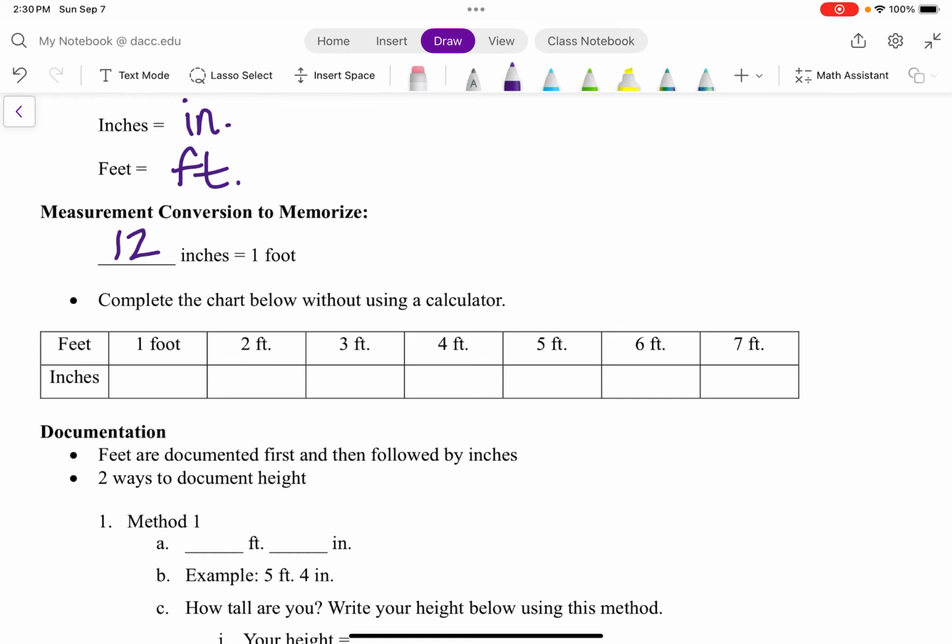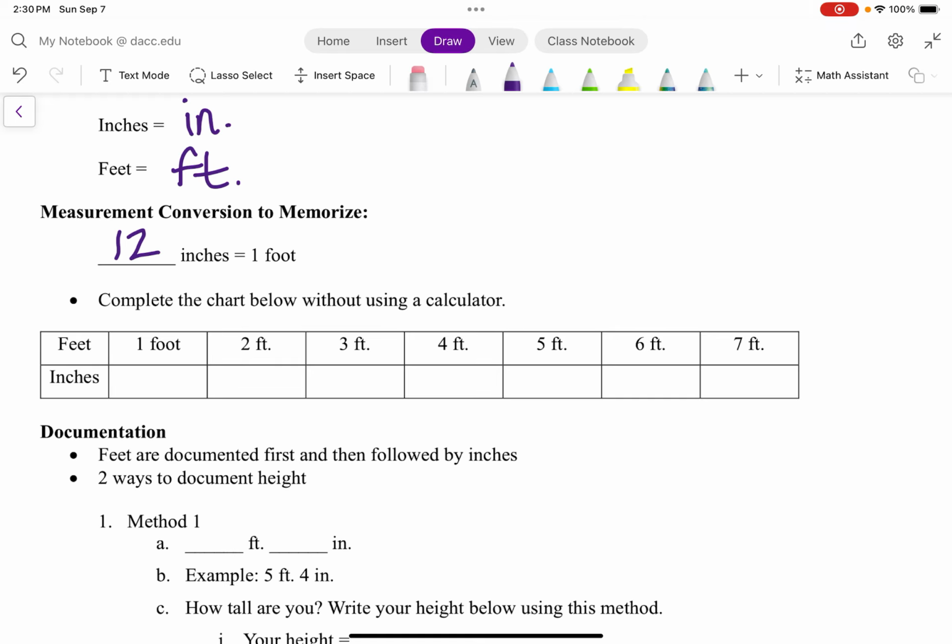Something to remember is that an inch is smaller than a foot, so there are more of the smaller units. There's 12 inches in 1 foot. And that will be helpful when we get to looking at how we actually perform some of these calculations a little bit later on.